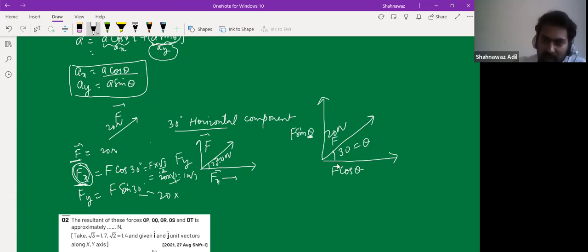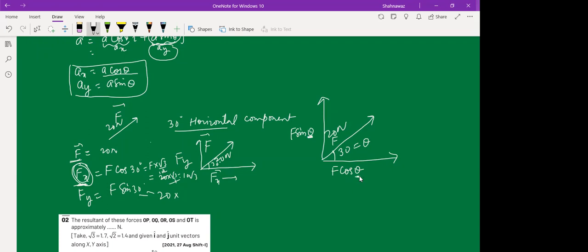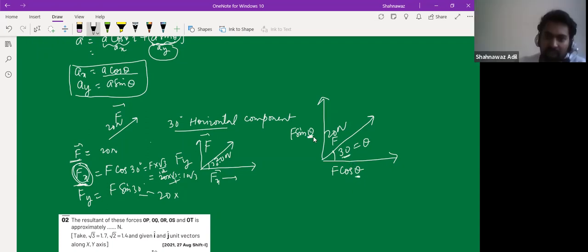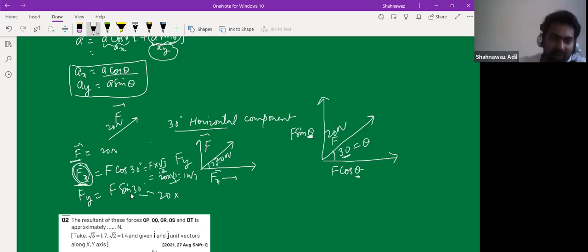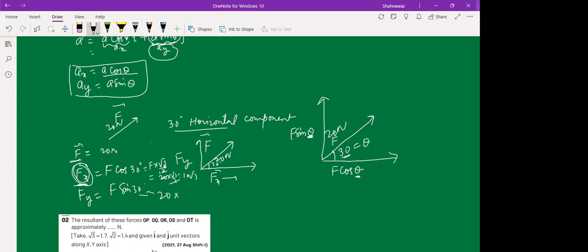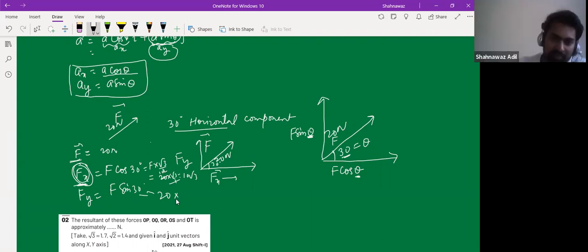This was the same as this one. Yes, sir. So if this is 30, then this will also be 30. Okay. So this will be F sine 30. Understood? Yes. So sine 30 is 1 by 2, so 10. So this is 10. Okay.